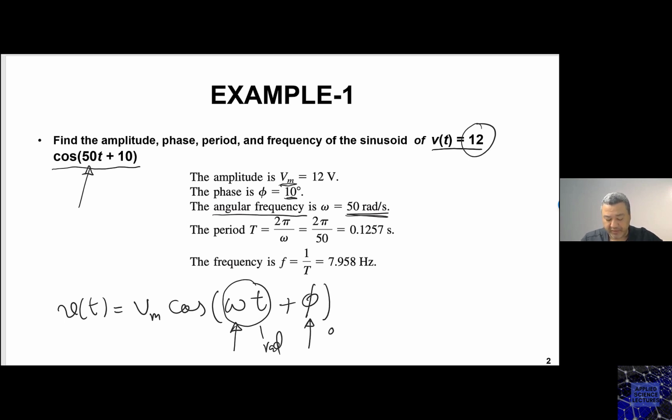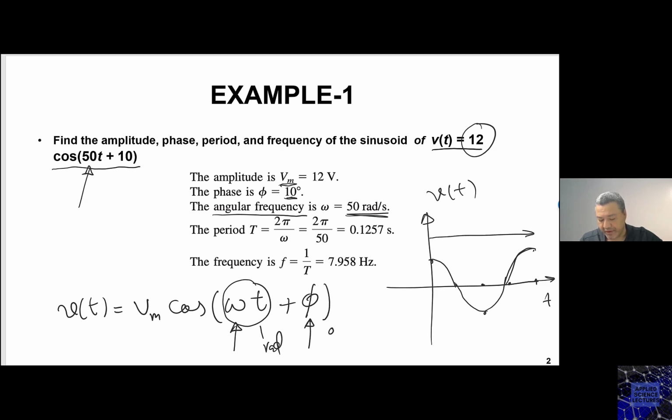Now the period T here, so if this is a cosine, the period here is from the beginning to the end, right?